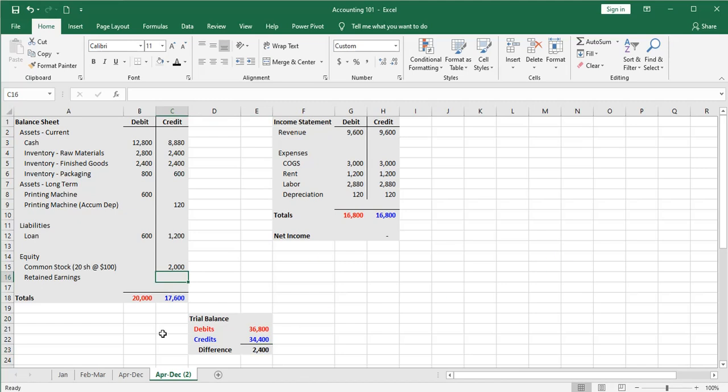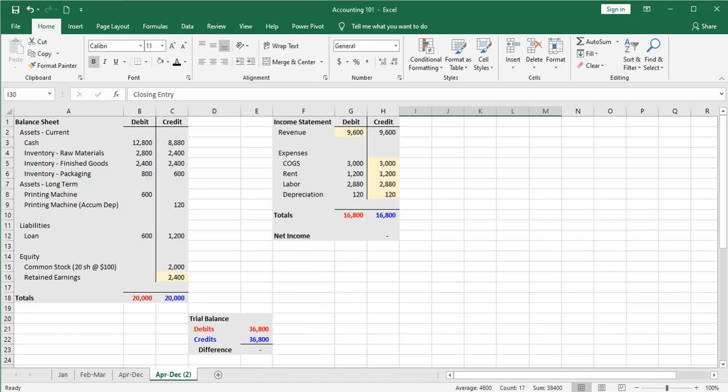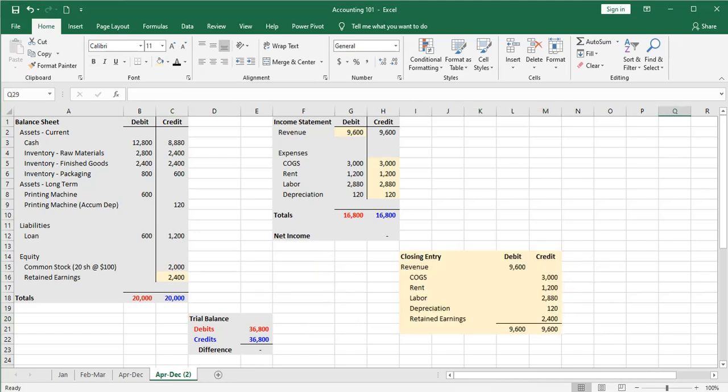And when you increase an equity account, that's a credit. So that $2,400 will make my trial balance go back to zero, and we are ready to start a new year. Those items I've highlighted in yellow make up the year-end closing journal entry.